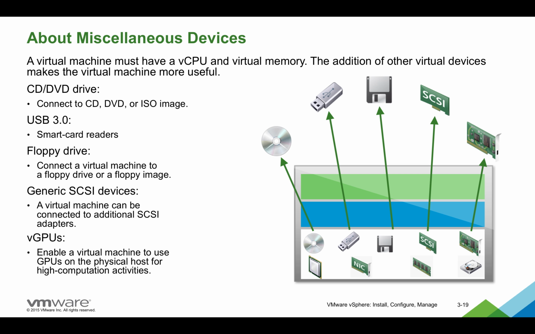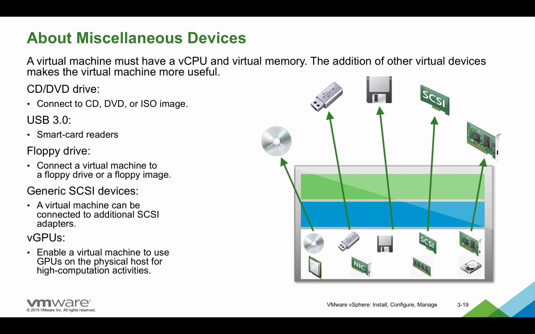About miscellaneous devices. A virtual machine must have a virtual CPU and virtual memory. The addition of other virtual devices makes the virtual machine more useful. Data from the guest virtual kernel hardware is passed through to the host physical hardware by the VM kernel.